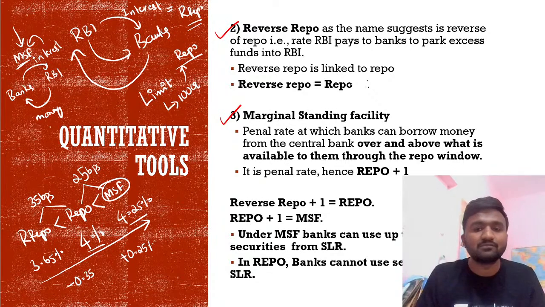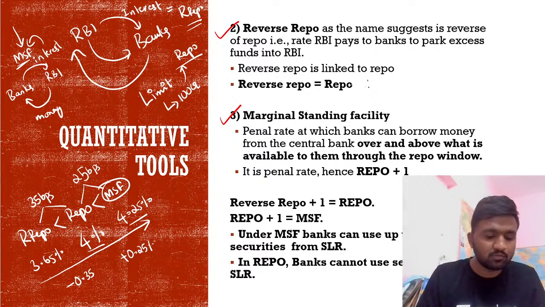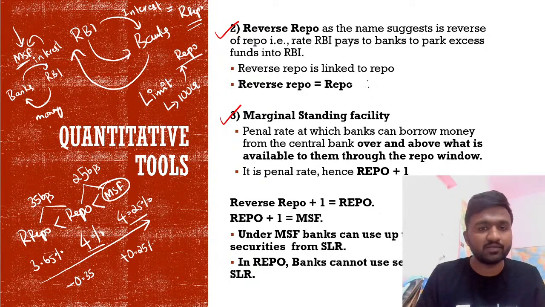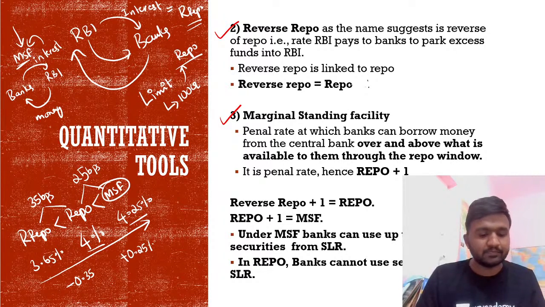Is that clear, the difference between MSF and repo rate? Both are short-term loans. Both are taken by banks from RBI, and both are interest rates that a bank is paying to RBI. Any doubts? Is that clear now?